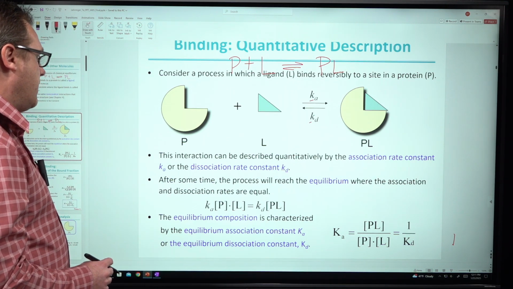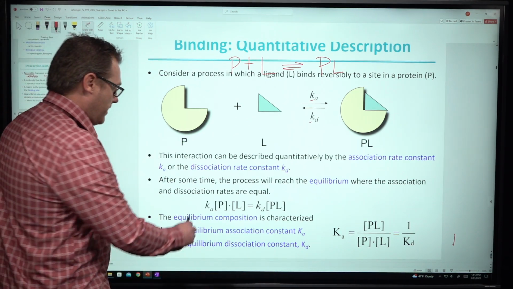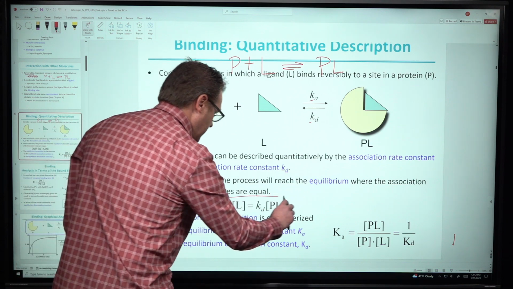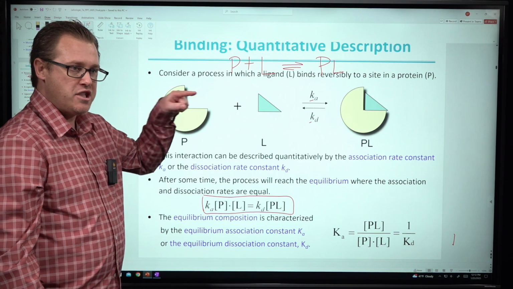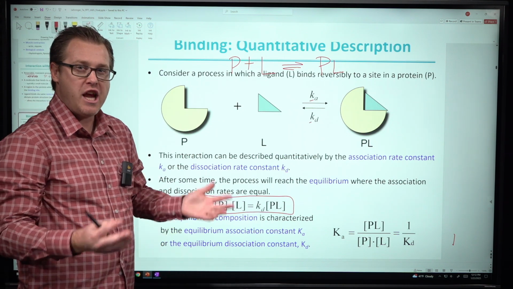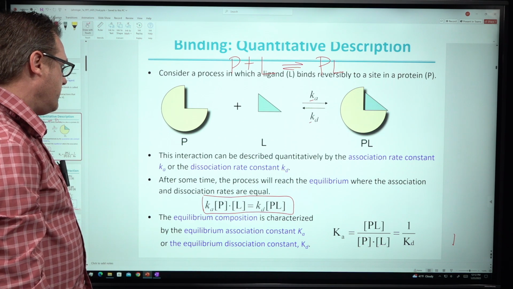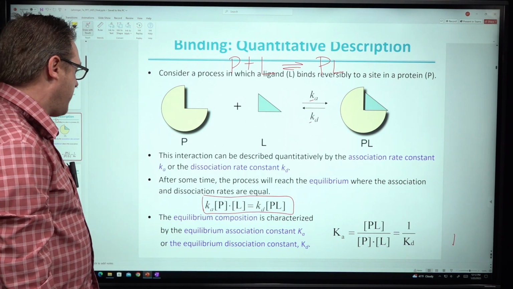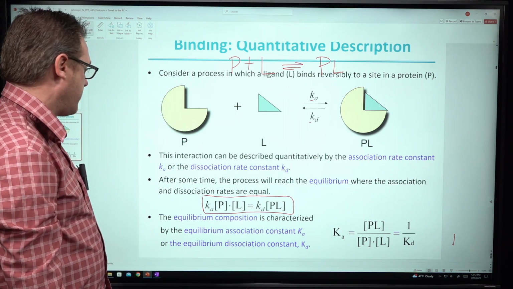Now, when it reaches equilibrium, this is now true: the association rate and the dissociation rate aren't changing. They're equal. And that's what happens when we come to equilibrium.